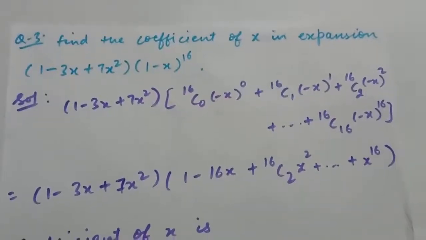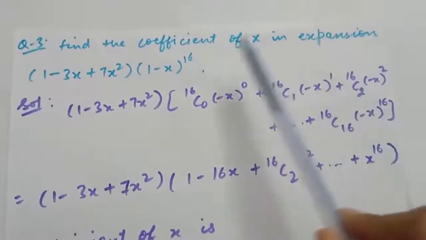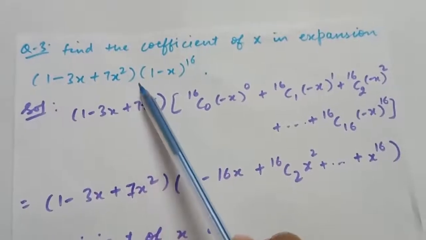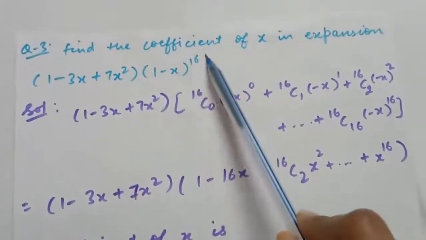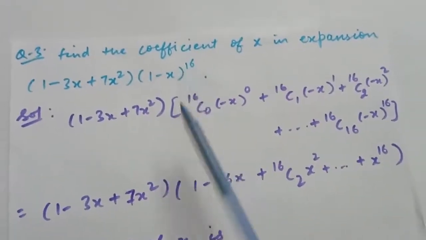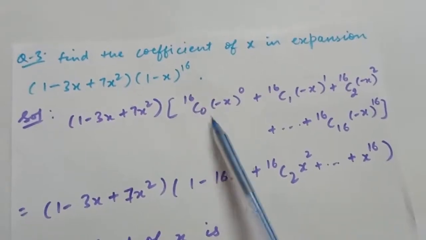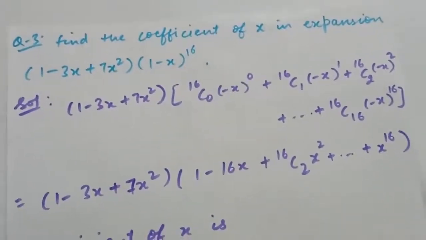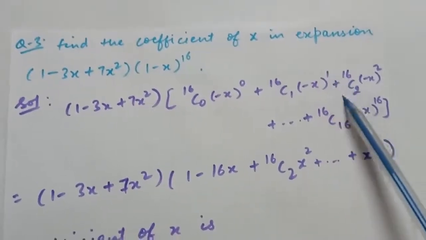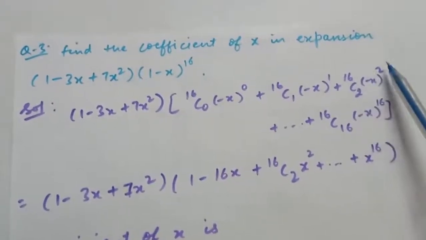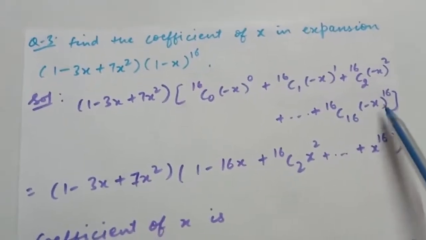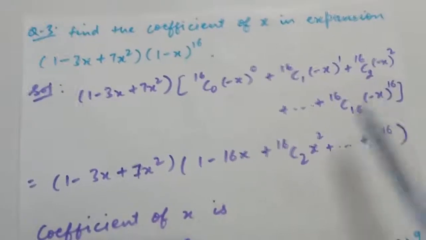Question number 3 is find the coefficient of x in expansion (1 − 3x + 7x²)(1 − x)^16. So writing this as it is and expanding this using binomial. So 16C0 (−x)^0, then 16C1 (−x)^1 plus 16C2 (−x)², and so on up to 16C16 (−x)^16, right?